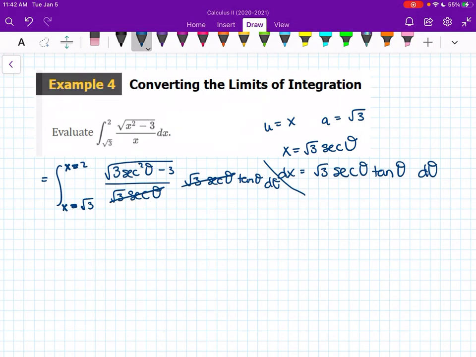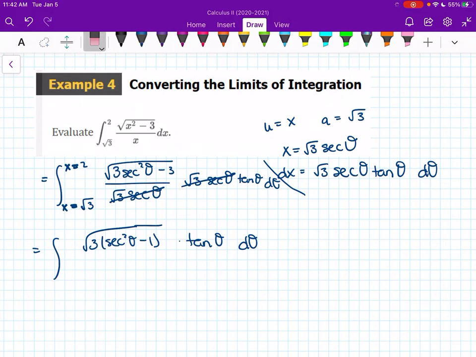And then my numerator here, I'm going to factor out a 3, so then I get secant squared theta minus 1 times tangent of theta. And then, yeah, that's it. d theta, my whole denominator canceled.